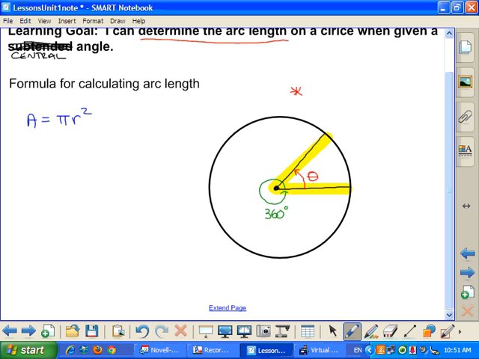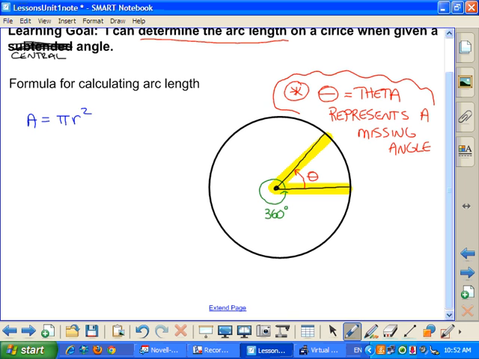So up here, we call it theta, and it represents a missing angle. It's just a Greek letter that we've picked in math to say this is a missing angle, or it's an angle that we want. And we also know this is a radius and this is a radius.